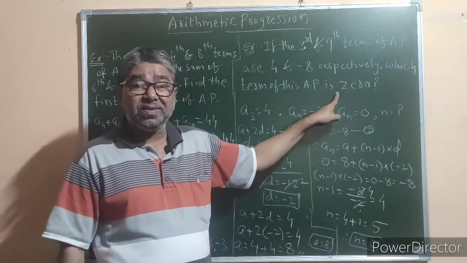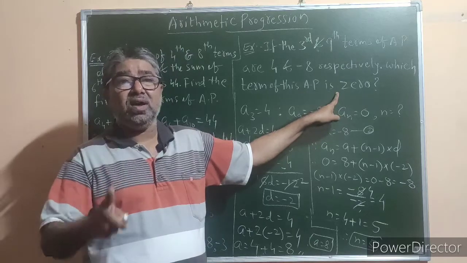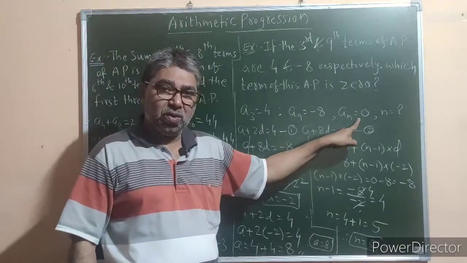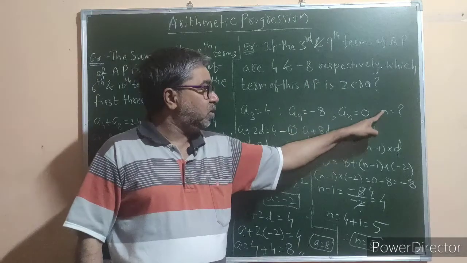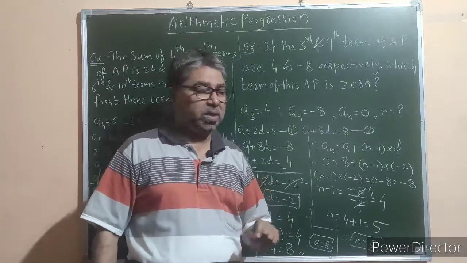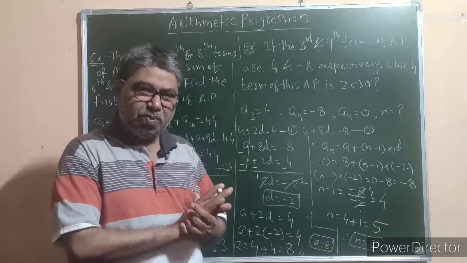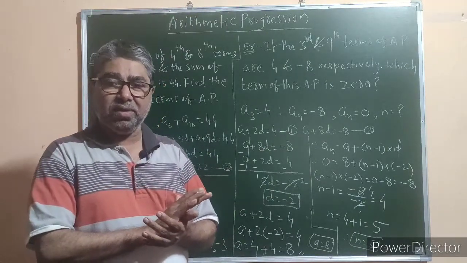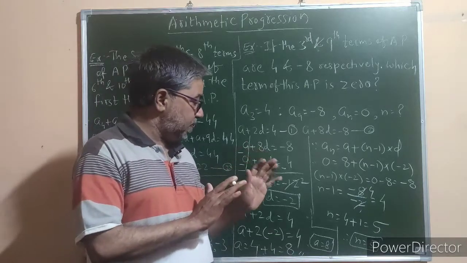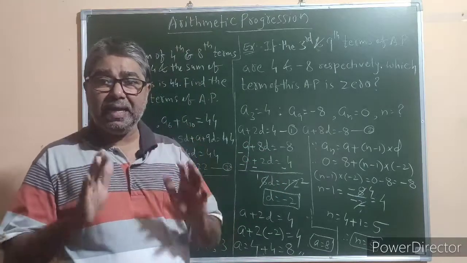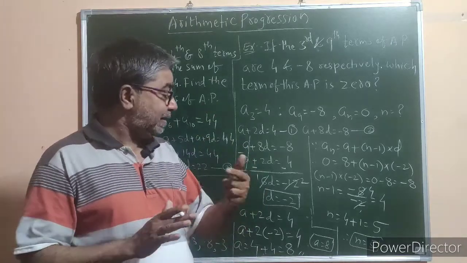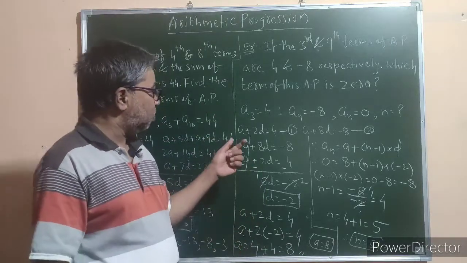Which term is 0 means 0 is the value of the nth term, that is an is equal to 0, and which term means n is what we should get. So in this particular example, after finding the value of d, that is the common difference, and after finding the value of a, again we have to apply the an formula to find the value of n in the second step. Okay, now let us solve this.